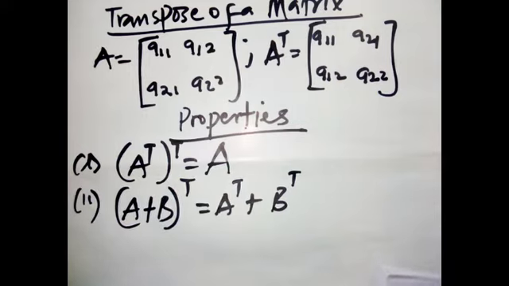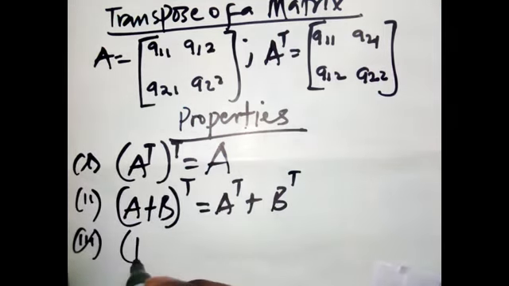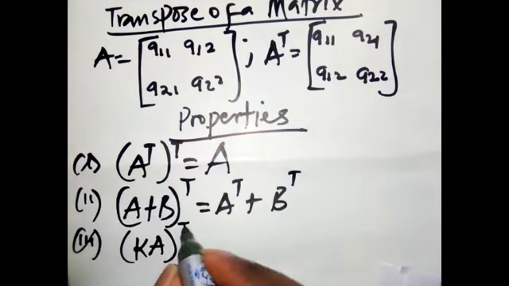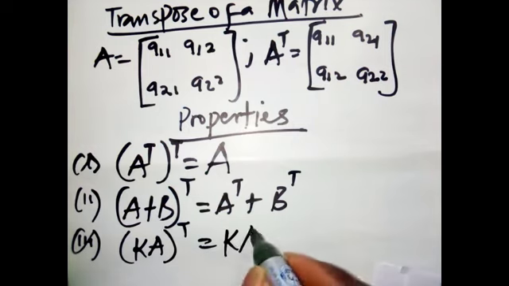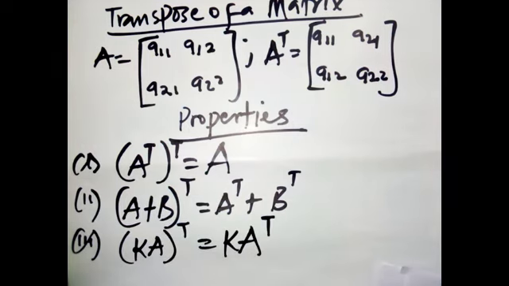Thirdly, we see that the transpose of the scalar product of a matrix is equal to the scalar product of the transpose of that matrix.